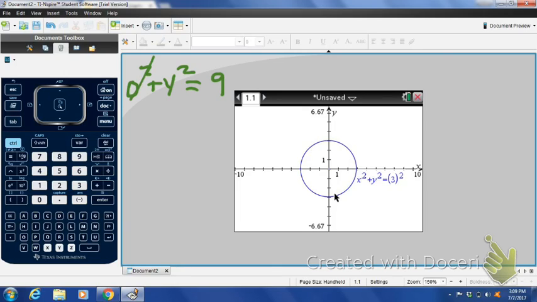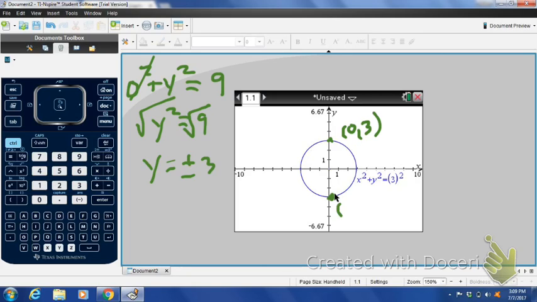So that cancels out, and you get y squared is equal to 9. Solve for y, take the square root, and y could be plus or minus 3. So when x is 0, y could be 3, or y is negative 3.